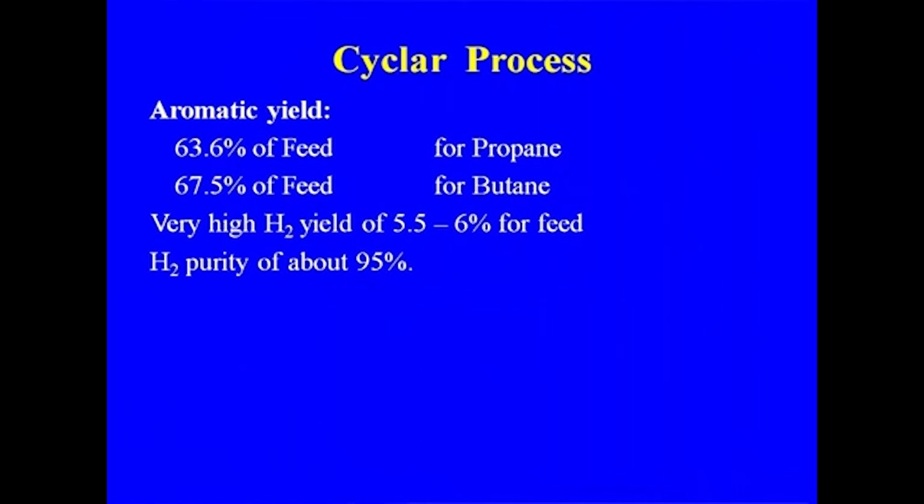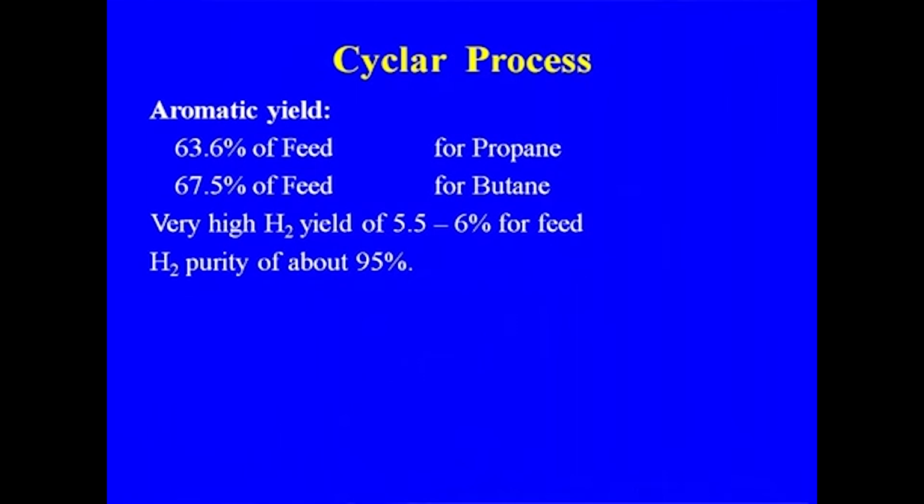This is the typical yield of the aromatics depending upon the feed. Either you take propane or butane, the difference is not much in your aromatic yield, whether propane or a propane-butane mixture is taken.